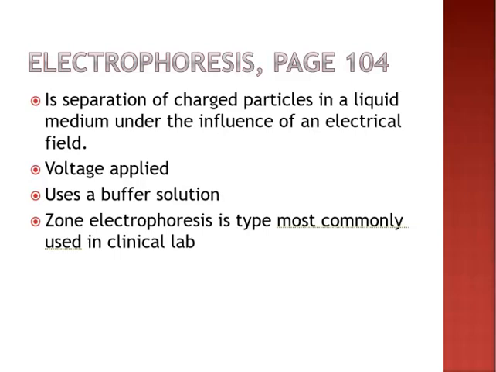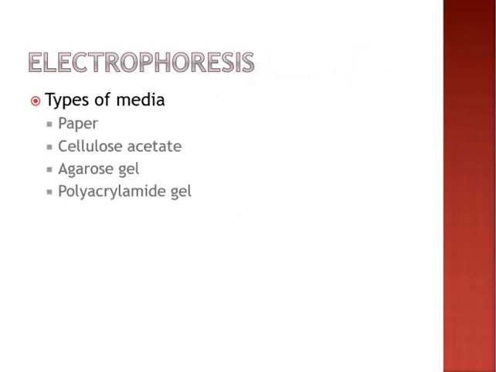You apply a voltage and you use a buffer solution, and zone electrophoresis is the type most commonly used in the clinical lab. Some of the different types of media that can be used for electrophoresis include paper, cellulose acetate, agarose gel, and polyacrylamide gel.